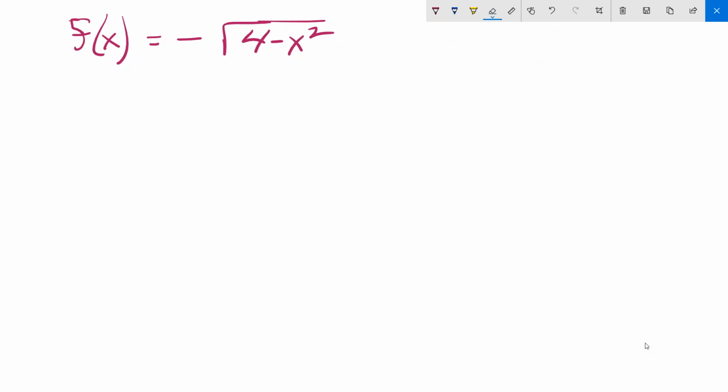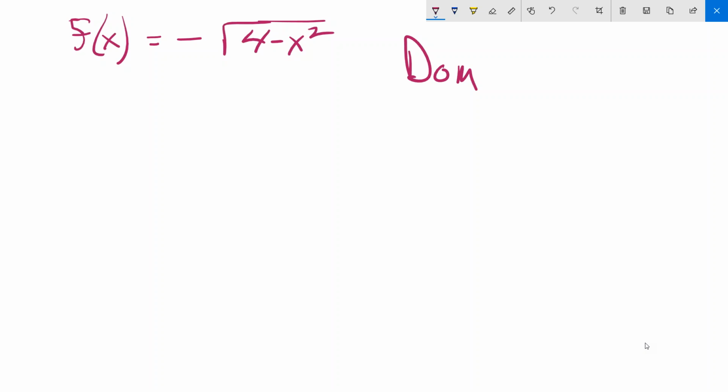Let me think about this for a second. Well, let's talk about the domain. And then we'll get around to figuring out the transformation. What is the domain and how am I going to figure it out? Well, you know that with a square root, you can have a 0 underneath it.